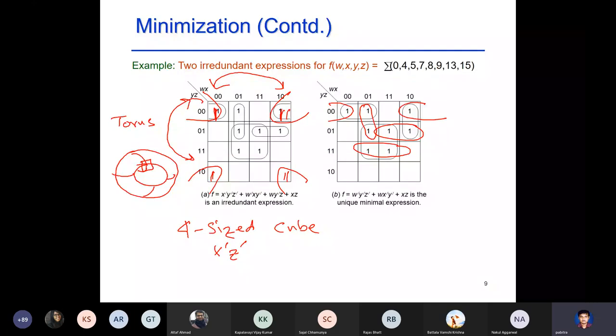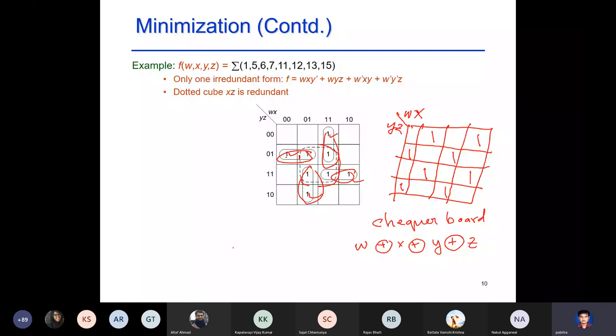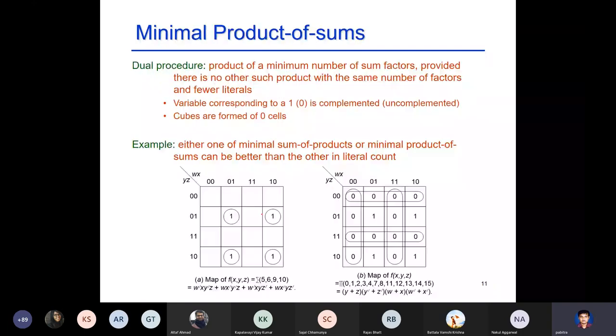Maybe not today. In the next class, what we'll see is that you can do a dual of all this Karnaugh map minimization for a product of sums form. Here I am looking at only the positive min terms, the true min terms. I will look at the false min terms in the dual form.